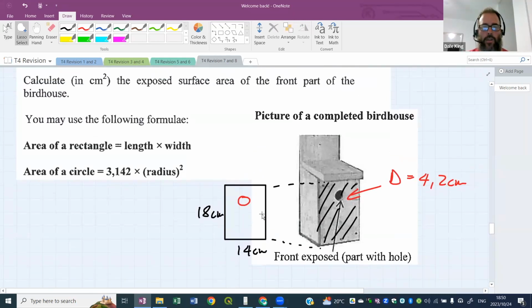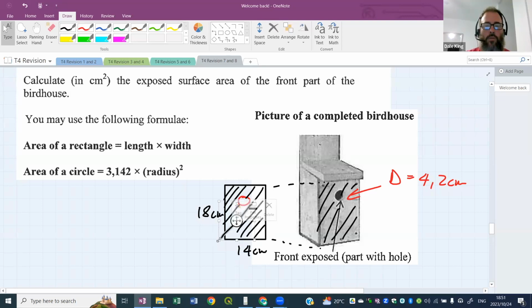So there's all the information. We've got this birdhouse. There's a front panel with a hole in it. They want to know the area of this front panel that I'm highlighting here. What is the area of that piece of wood? And they want it in centimeters squared.